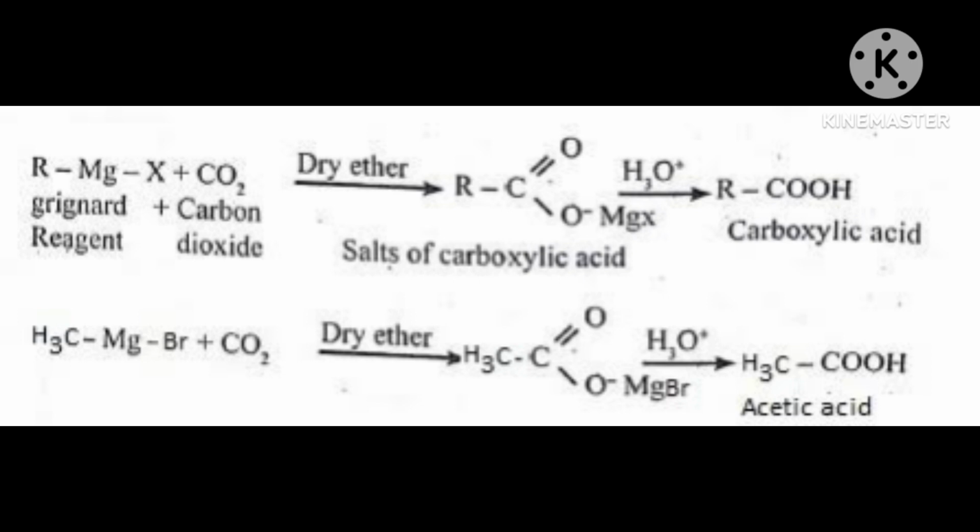In an anhydride, oxygen will be in the middle. Just like acetic anhydride, CH3CO will attach on one side, and on the other side also CH3CO will attach, correct? O will be in the middle.